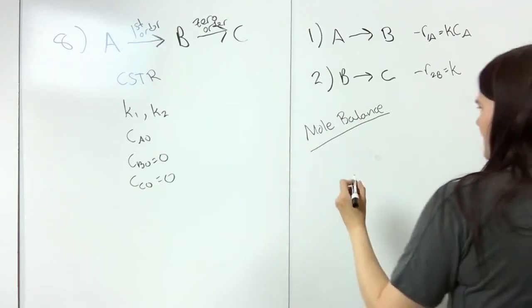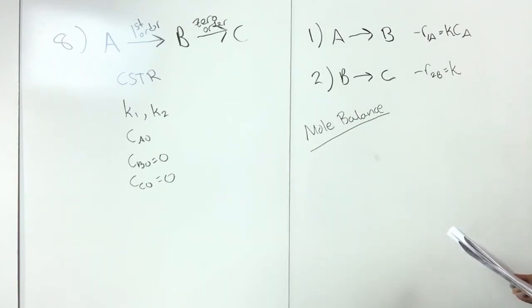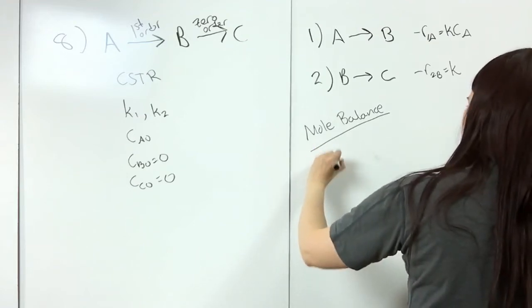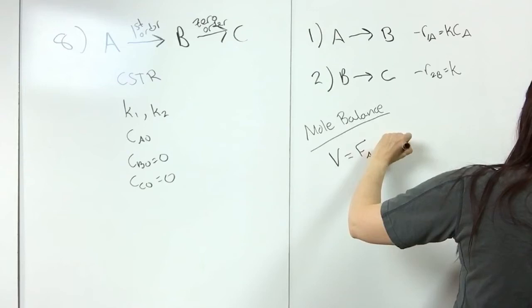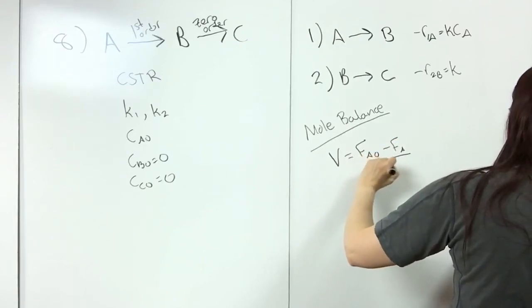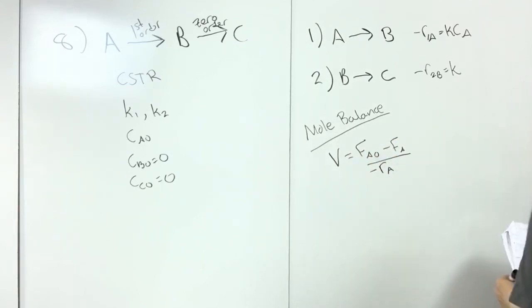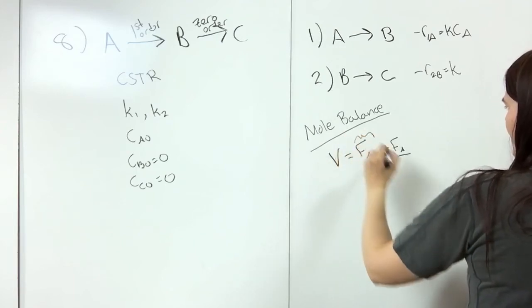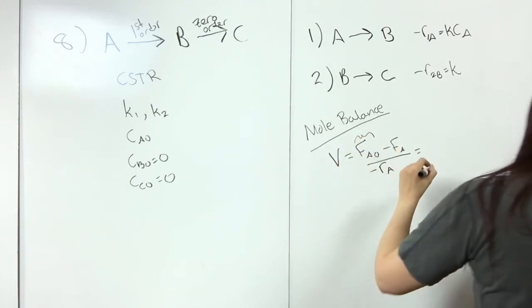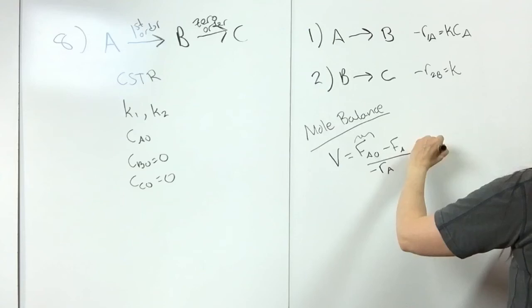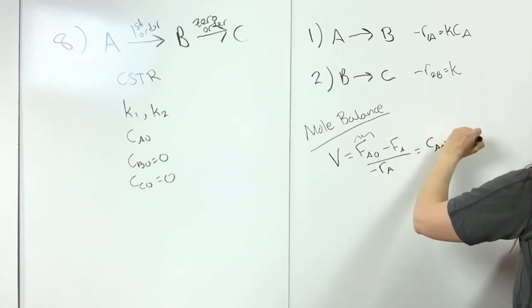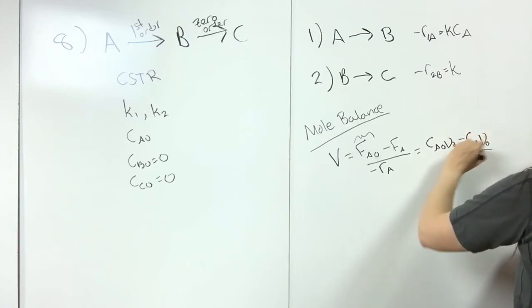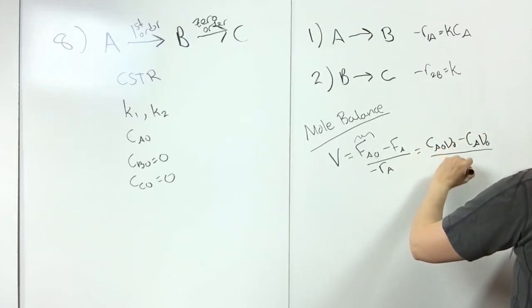The mole balance is from chapter 1. V is equal to FA naught minus FA over minus RA. We can rewrite this as CA naught V naught minus CA V naught over minus RA.